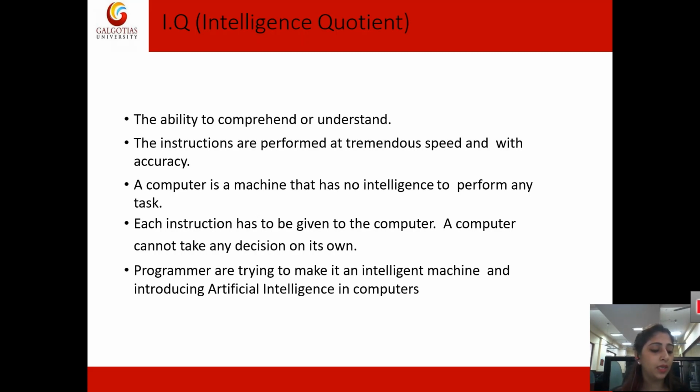Through the development over the years, we have artificial intelligence in computers nowadays. When we're expecting a computer to give the output as we expect, we have to train that system.